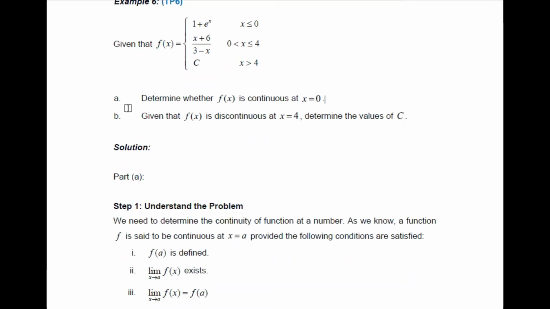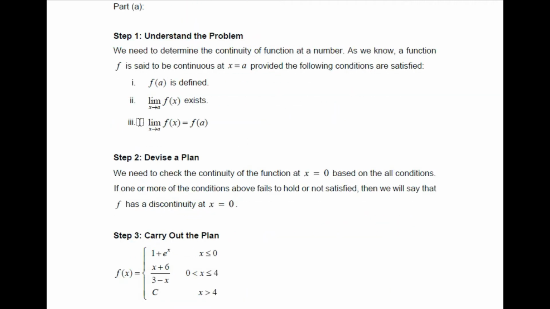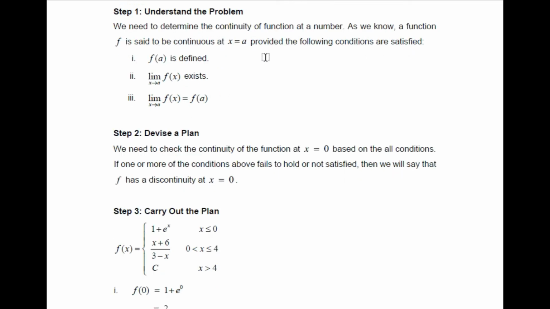So, we solve part A first, where we need to determine whether f(x) is continuous at x equals 0. Step 1, understand the problem. We need to determine the continuity of the function at a number.